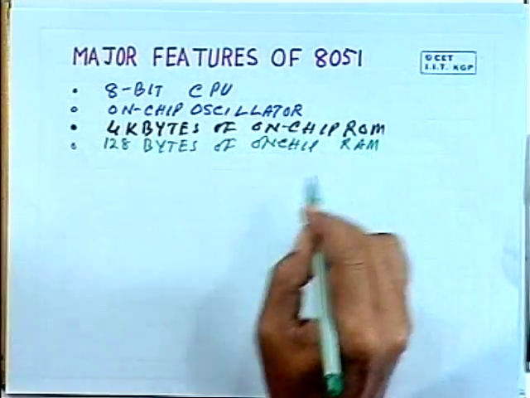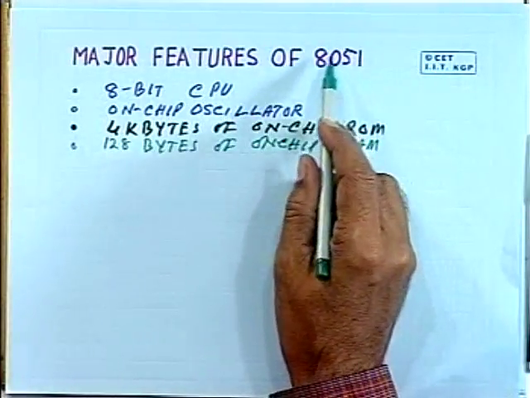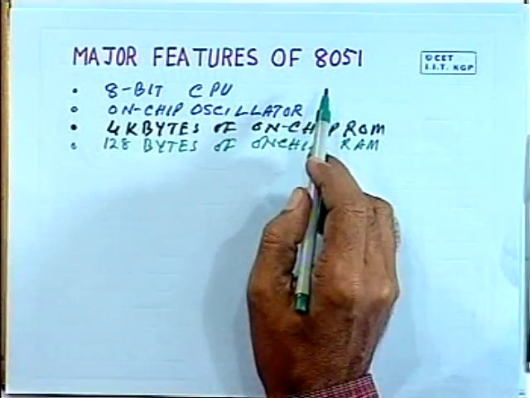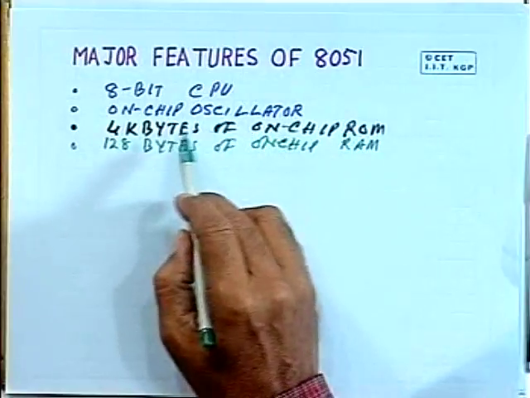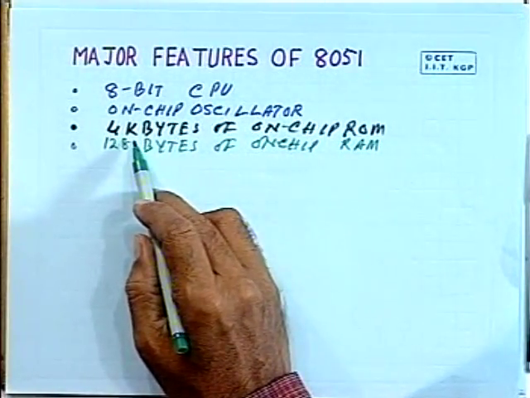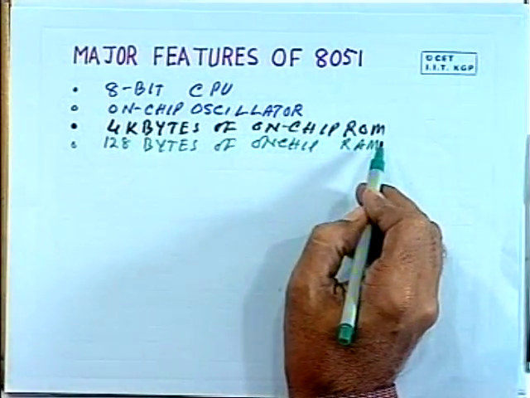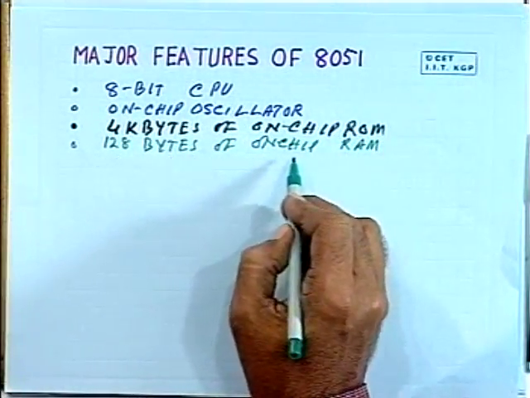So as you have seen, the important characteristic of microcontrollers is that the RAM and ROM will be on chip, of course of limited size. In case of 8051, we see that 4 kilobytes of on-chip ROM is provided and 128 bytes of on-chip RAM is provided.